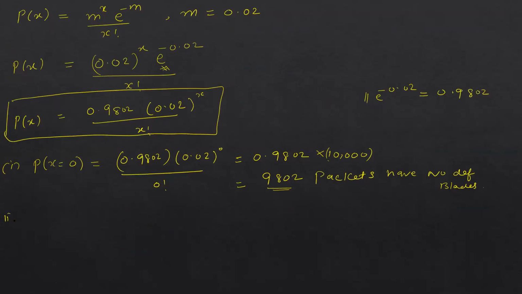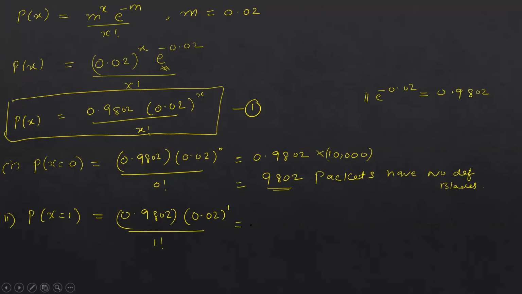Okay. Next part is probability of one defective. So probability of x is equal to 1. You have to substitute everything in equation number 1. So this will be 0.9802. Then you have 0.02 power 1 divided by 1 factorial. So quickly you can just calculate that.